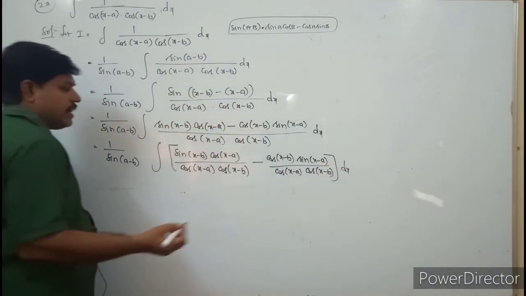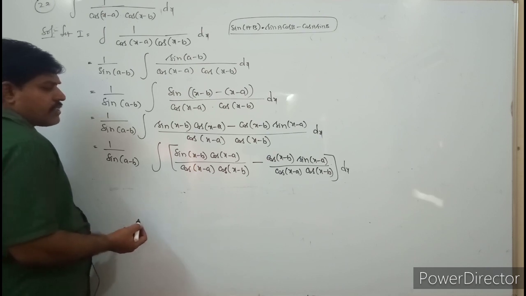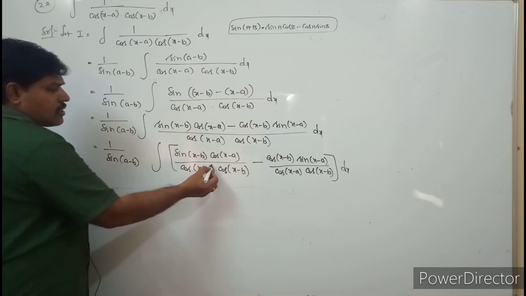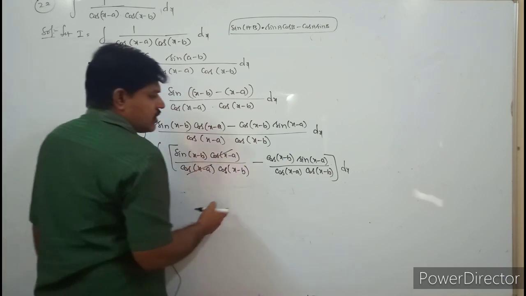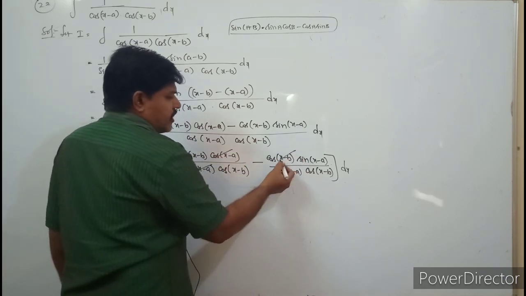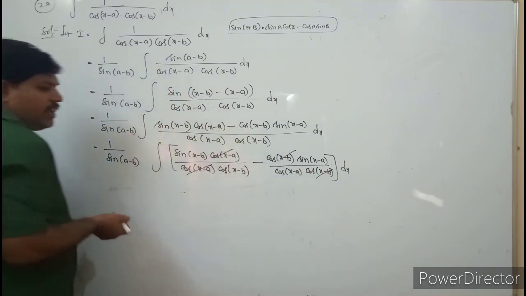So what will you get here? What terms can you cancel? Cos of x minus a will be cancelled, and here cos of x minus b and cos of x minus b will be cancelled.